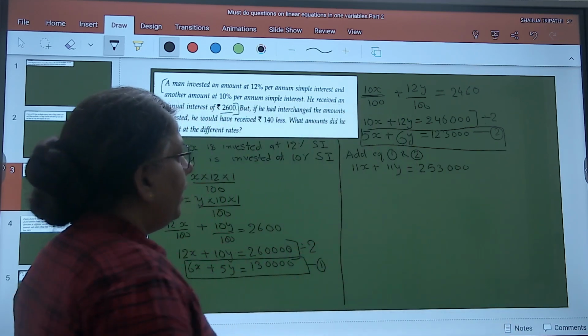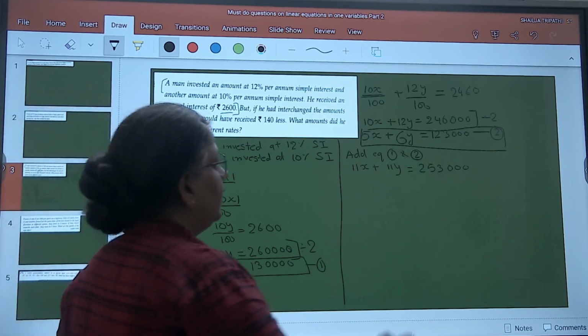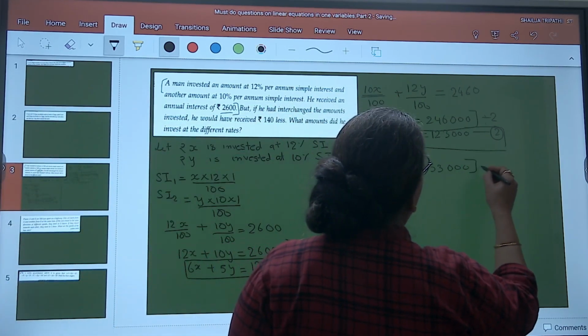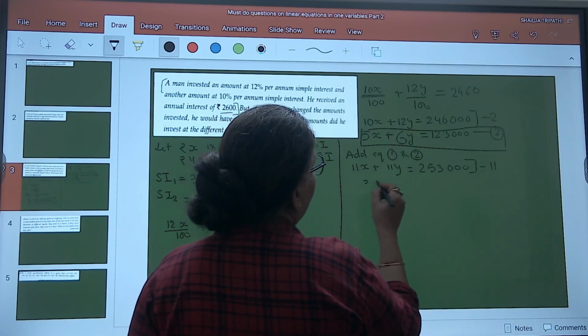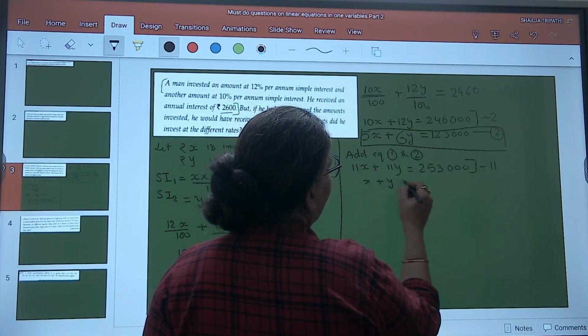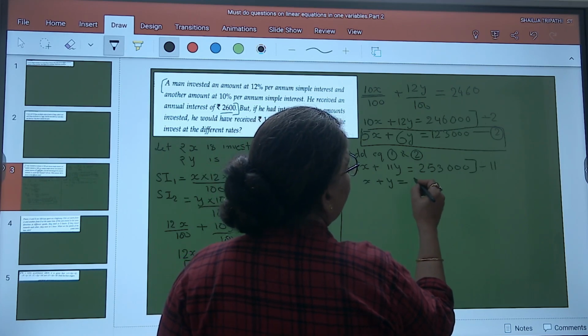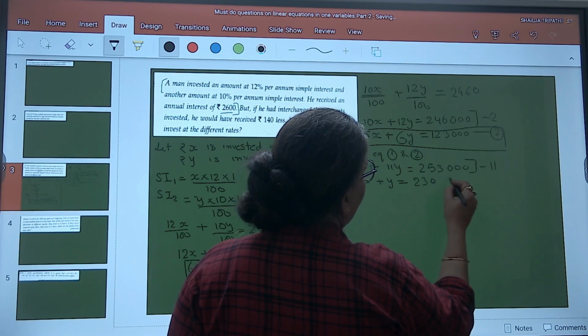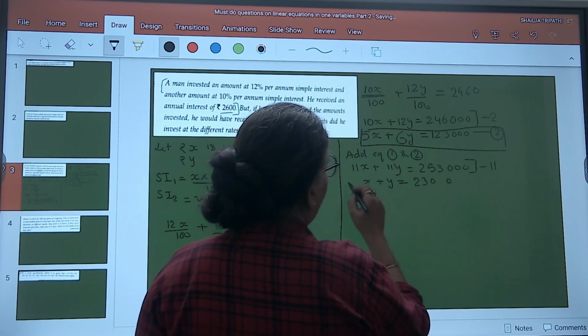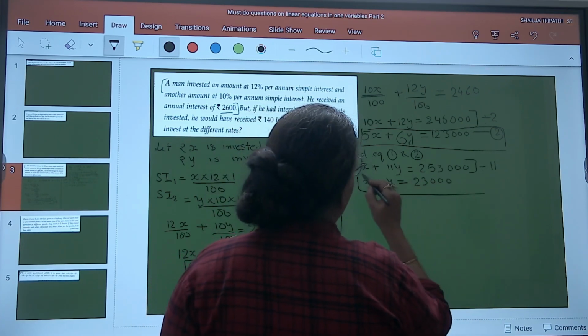Now we can reduce this by dividing the whole equation by 11. So you get x plus y is equal to 23,000. So this will be equation number 3.